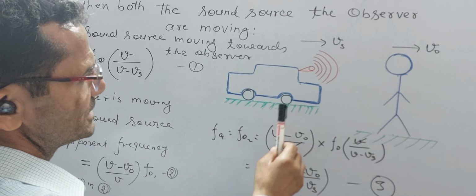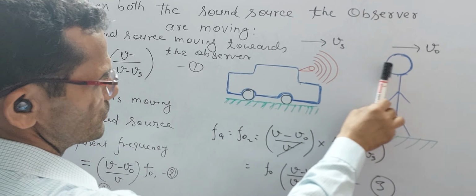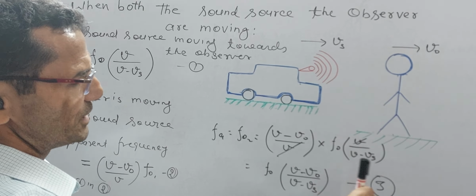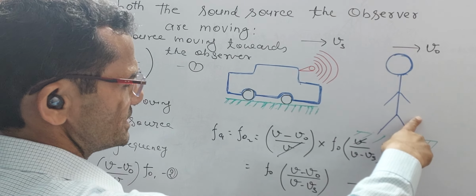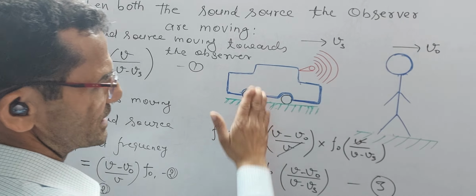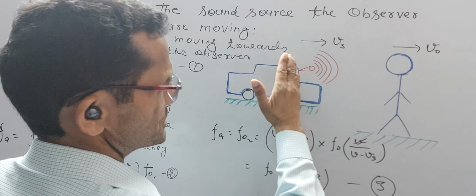Now in that case, suppose this vehicle is moving toward this one, so Vs should definitely be positive, because our observer is on the right-hand side, and the voice heard by the observer is directly from the source.